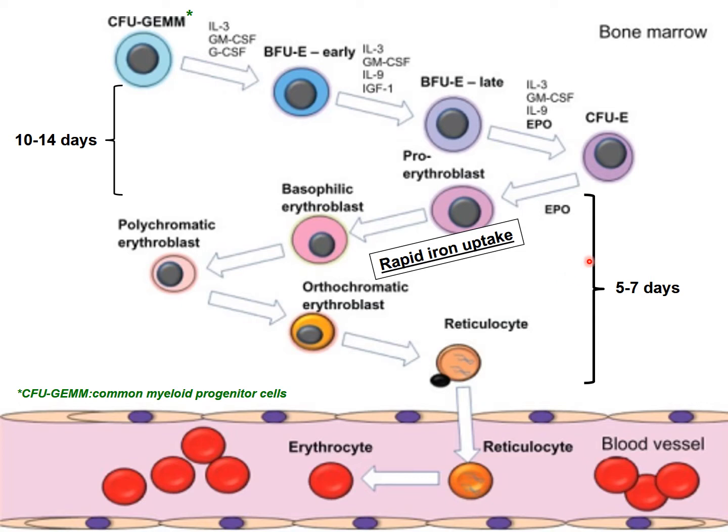Of course, it will depend on the number of red blood cells, or let's say the degree of hypoxemia. If we have more hypoxemia, we have higher values of the factor that stimulates erythroid synthesis, erythropoietin, and this takes a shorter time to produce red blood cells.